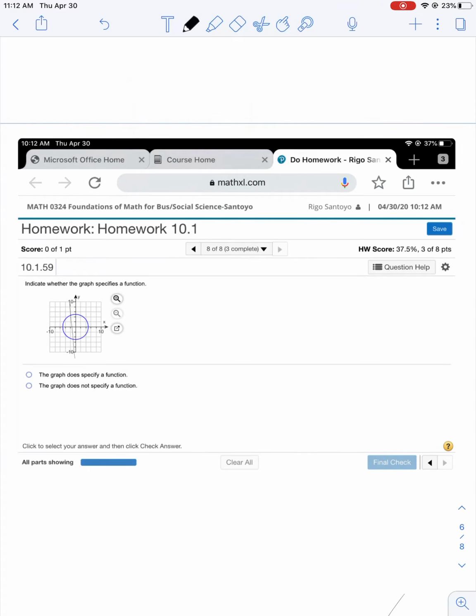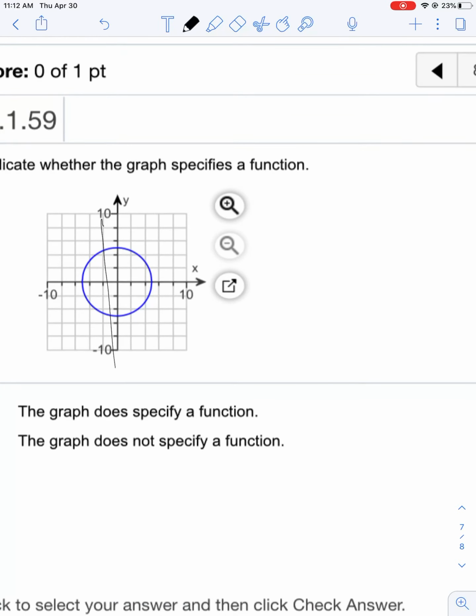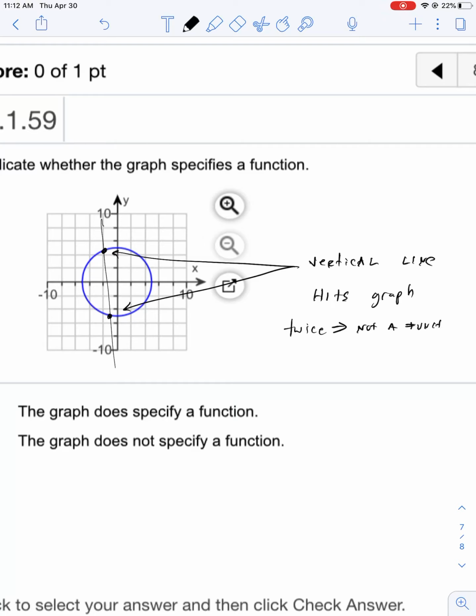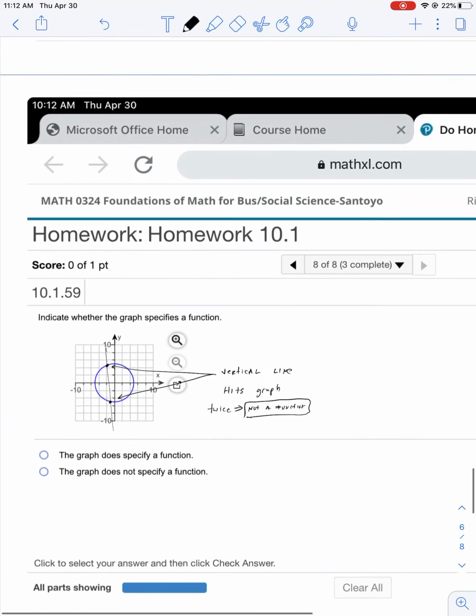Here I do one vertical line. Since it hits this graph twice, the vertical line hits the graph twice, so it's not a function.